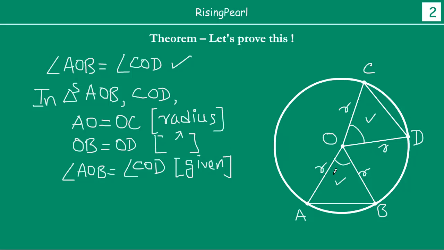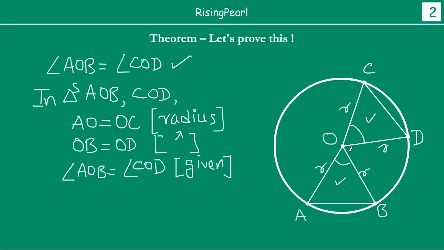So दोस्तों इसका मतलब ये है कि this side is equal to this side is equal to this side, and इन दोनों साइड के जो बीच की एंगल है, the angle subtended in between these two sides, these two angles are equal.